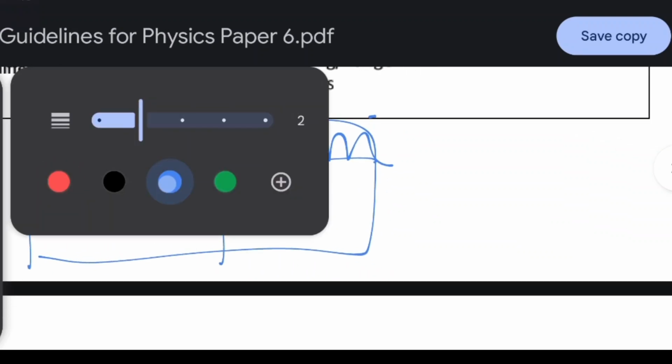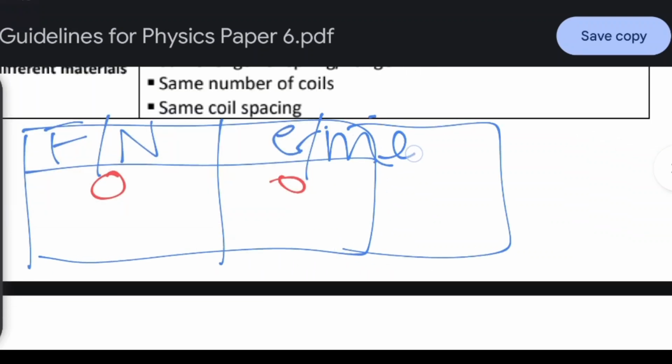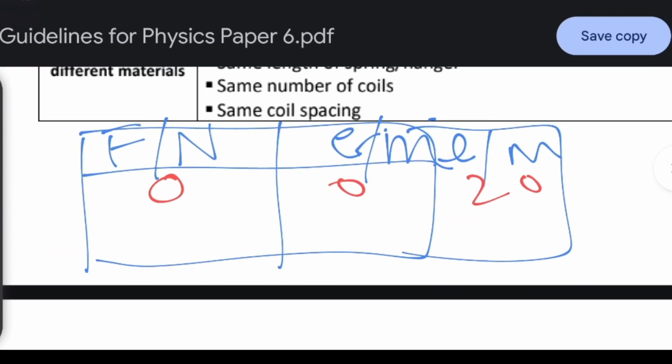But you can add a column here, length of the spring in meters. For example, the length of the spring is 20 with a force of 0 Newton. Basically there's no force, so the extension is of course 0, and the length is 20. For 2 Newton, if the length is 30, how much is the extension going to be?